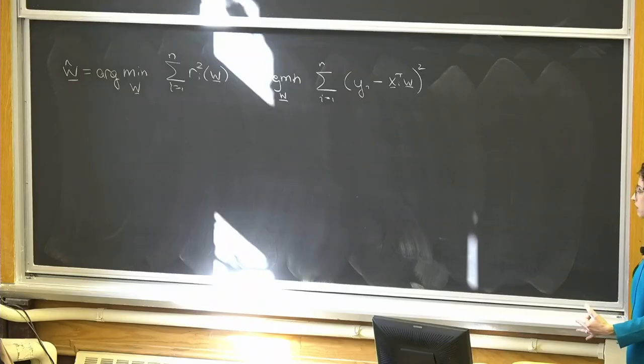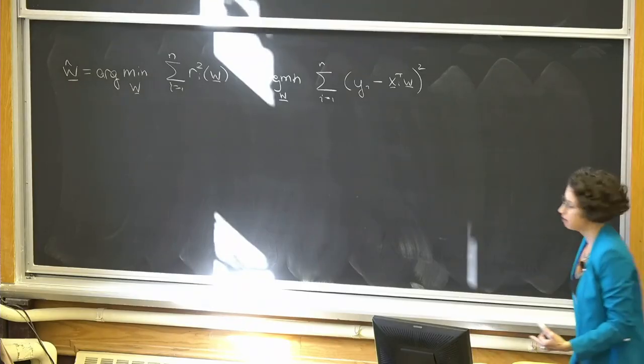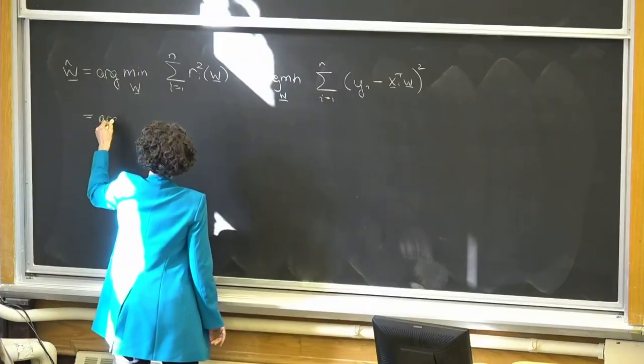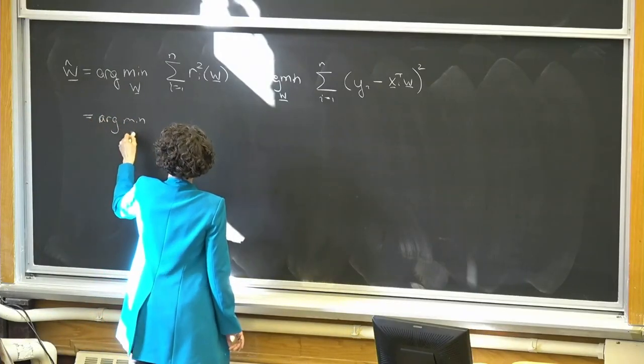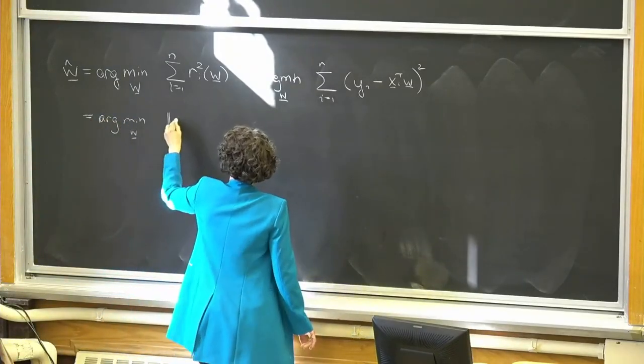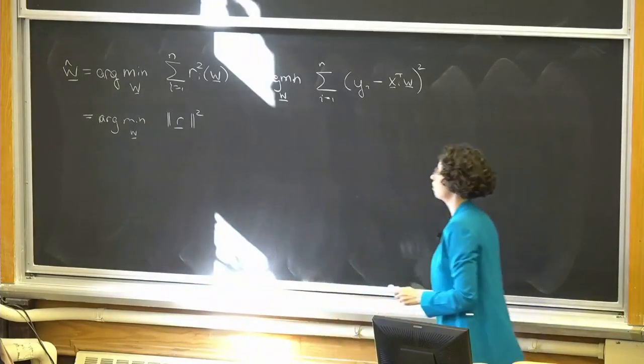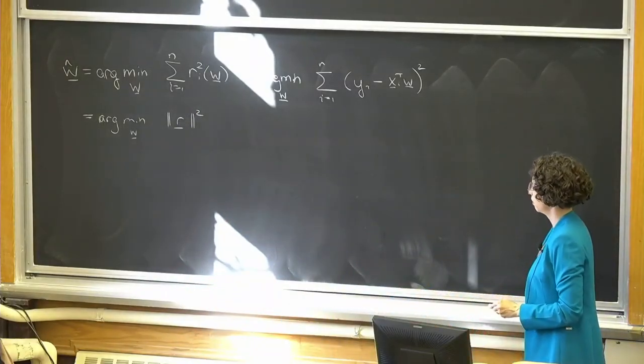Now we can write this same thing with our vector notation. This is the arg min over w of, if I form my residual vector, the norm of that vector squared.